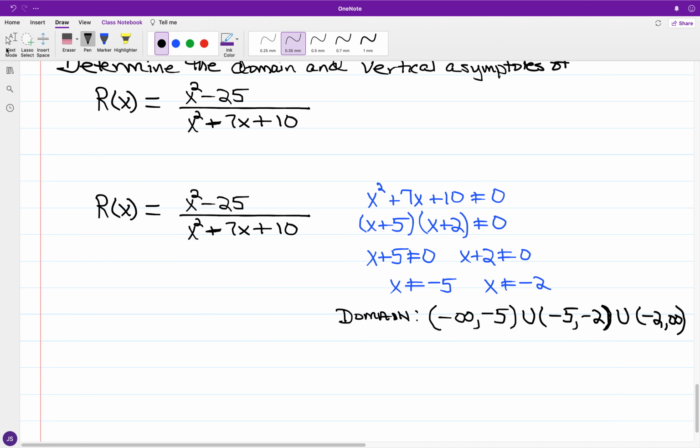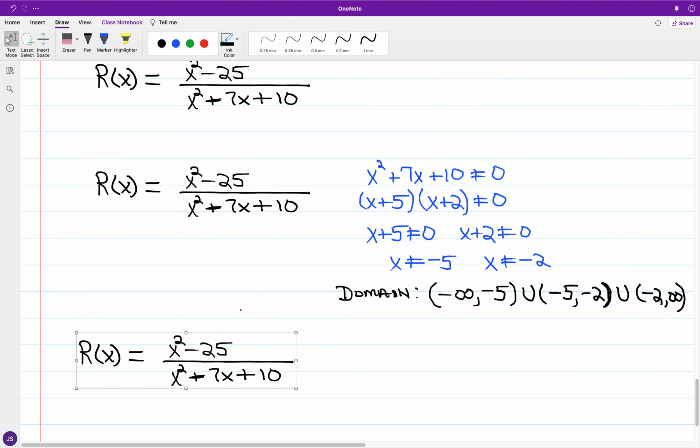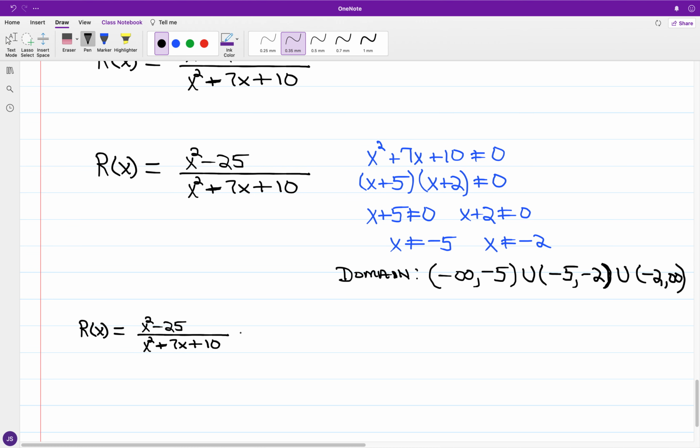Now, crossing over into the realm of determining asymptotes. You have the ratio r of x equal to x squared minus 25 all over x squared plus 7x plus 10. Now this ratio is not in simplest form.